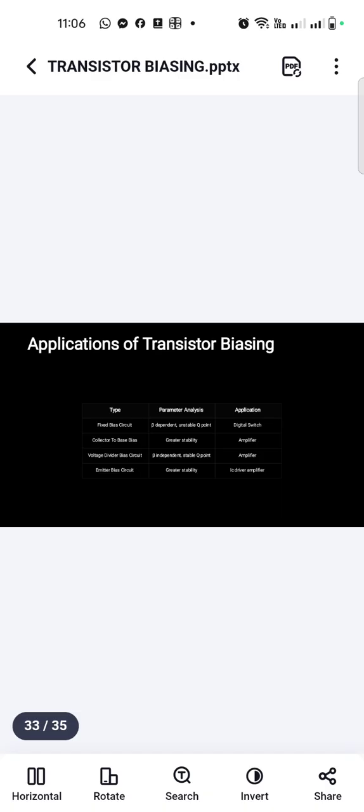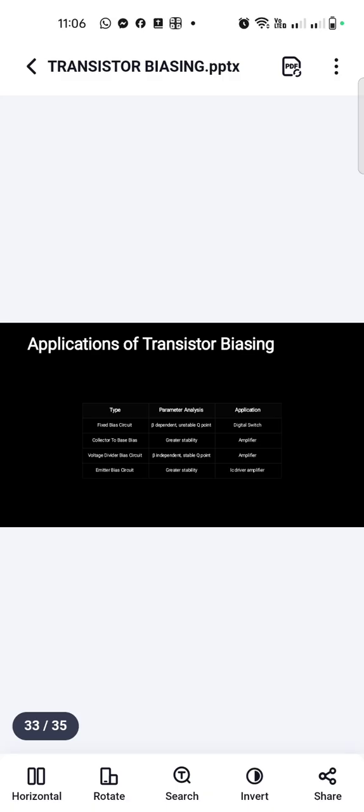Then in fixed bias, beta is dependent and the Q point is unstable. Where we apply this fixed bias: digital switch, okay. Then the next one is collector to base bias. In this collector to base bias, what is the parameter analysis here? Greater stability. Where we use it: an amplifier.